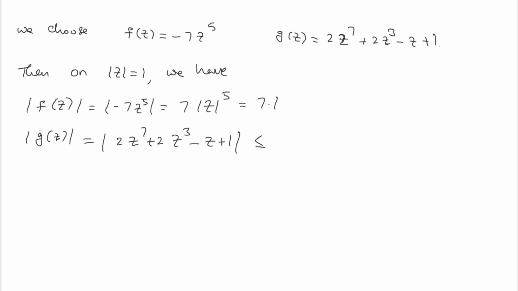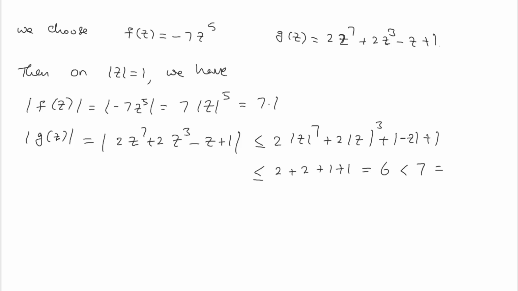The upper bound for this is 2 times mod z to the power of 7 plus 2 times mod z cube plus mod minus z plus 1. Replacing mod z with 1, in total we get 2 plus 2 plus 1 plus 1, which is 6 in total, which is less than 7, that is nothing but the absolute value of the function f of z.